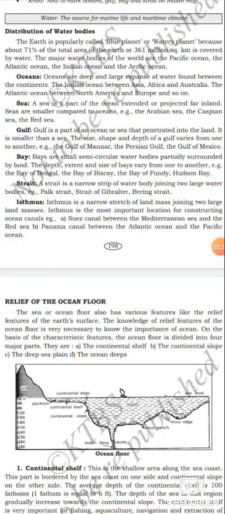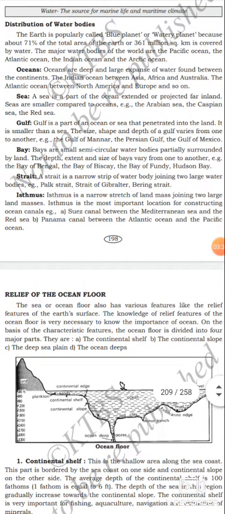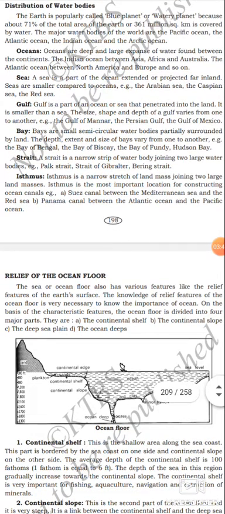Okay. Let us see now. Gulf. Gulf is a part of the ocean or sea that penetrated into the land. Sea is a part of the ocean. Similarly, the Gulf is a part of ocean or sea.